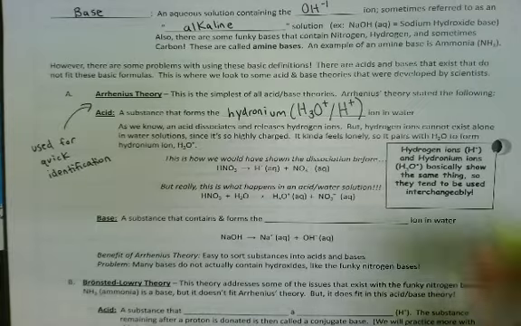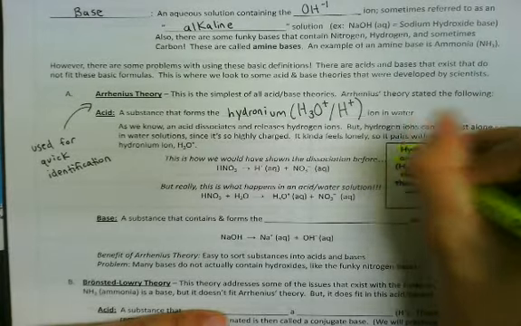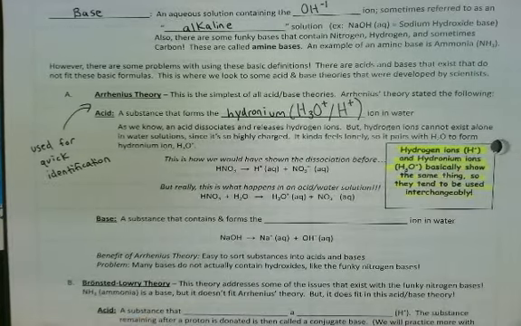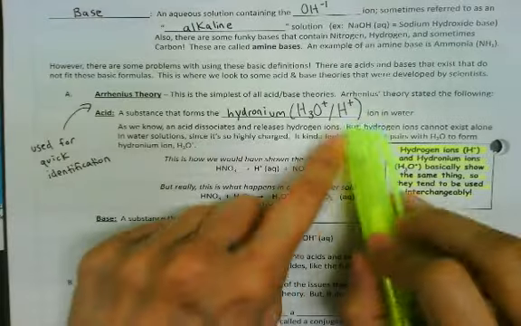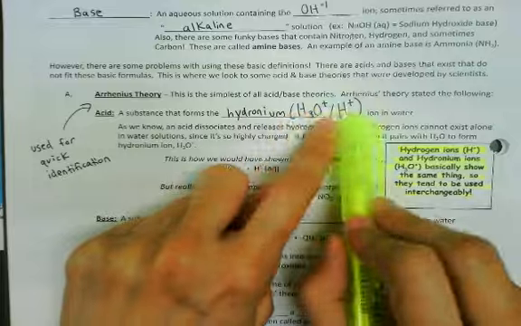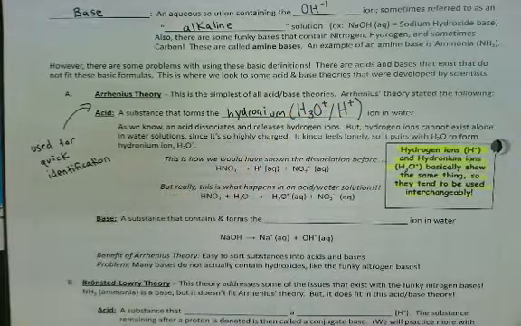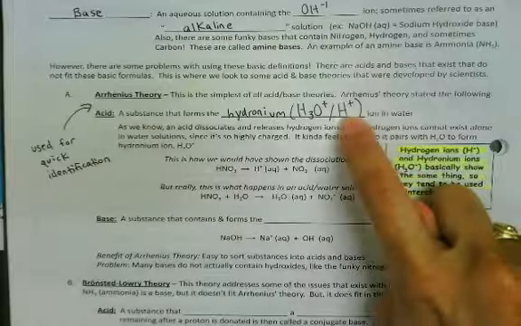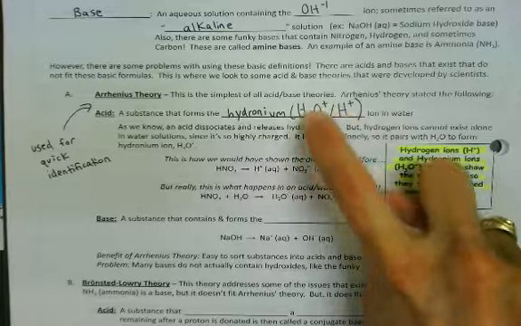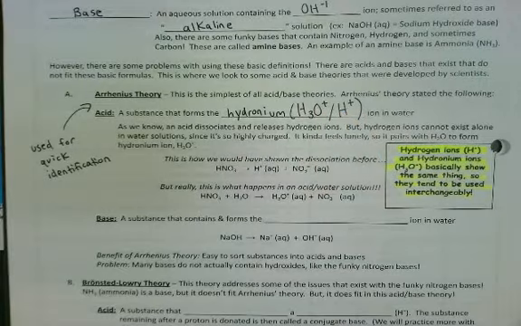But again, I said that hydrogen ions and hydronium ions are basically going to show the same thing, so we tend to use those things interchangeably. If you see H plus, if you see H3O plus, I want you to be thinking, okay, H plus. That's resulting from the dissolution of something so that there's hydrogen ions in the water, and those hydrogens go and pair up with the water to form this H3O plus.